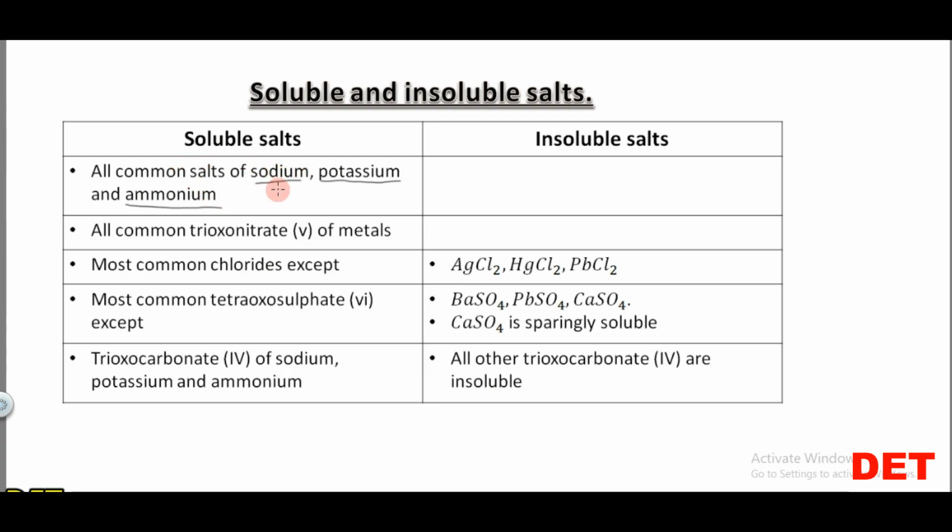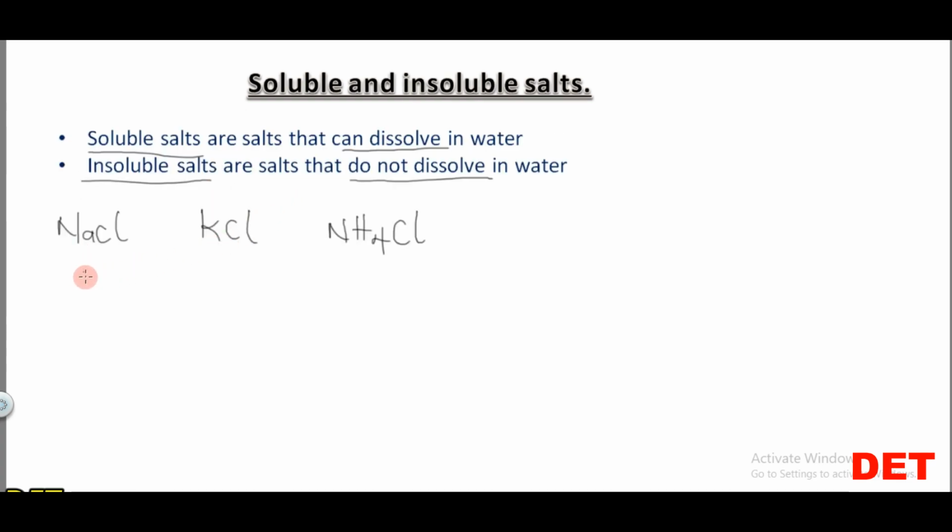They are soluble salts. So we also have salts like sodium trioxonitrate(V), potassium trioxonitrate(V), and even ammonium trioxonitrate(V).